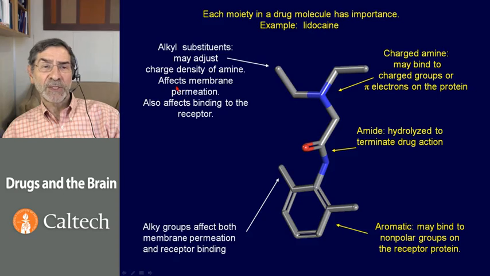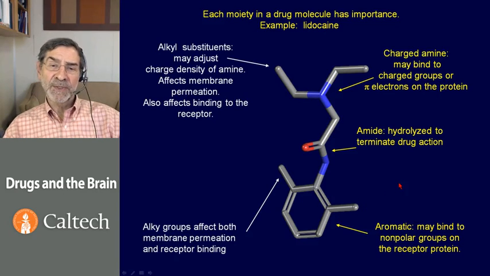This affects the charge density, which in turn affects membrane permeation and binding to the receptor. And likewise, it's possible to tune up the properties of the aromatic group, here with methyl groups. So this is a wonderful set of tools that the pharmacologist and the medicinal chemist can use to make the best possible drugs.